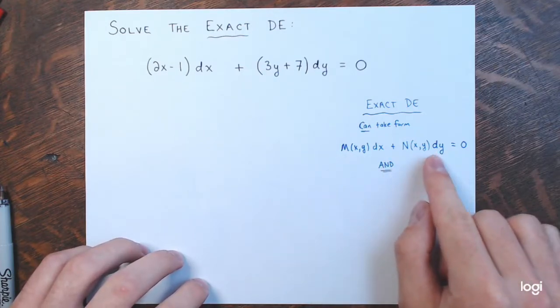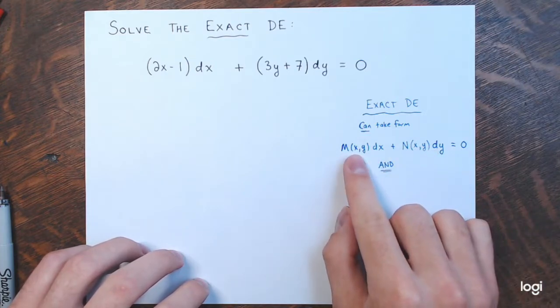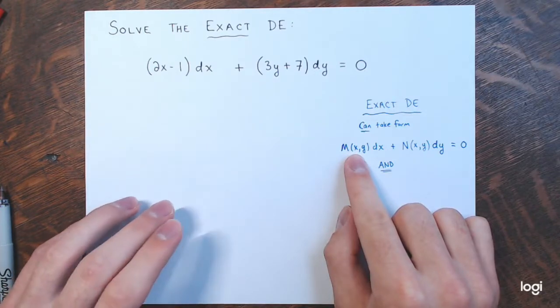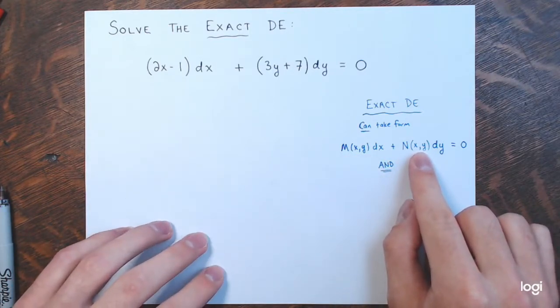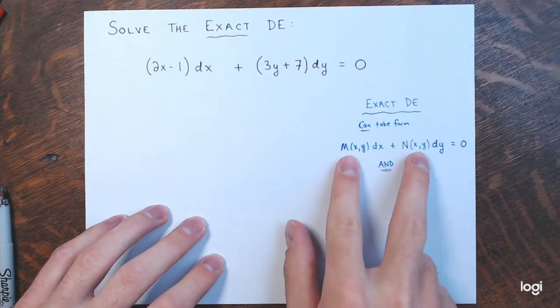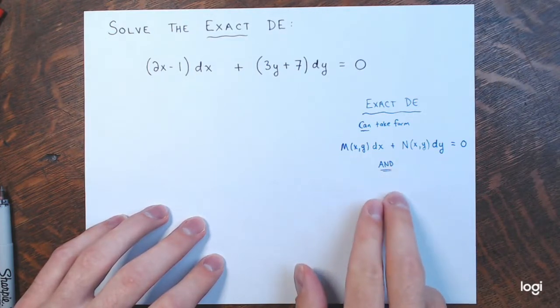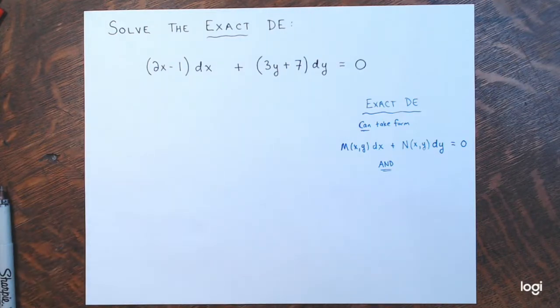Now, if this left side is a total differential of some function, that means that this function m here is the partial derivative of some function with respect to x. And this n here is the partial derivative of some function with respect to y. Alright, so these would be both first order partials, and if that's the case, their mixed partials should be equivalent, if the function's continuous, of course.